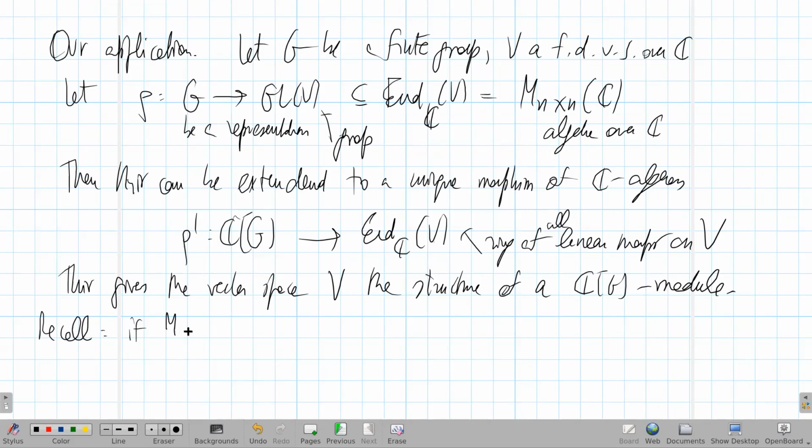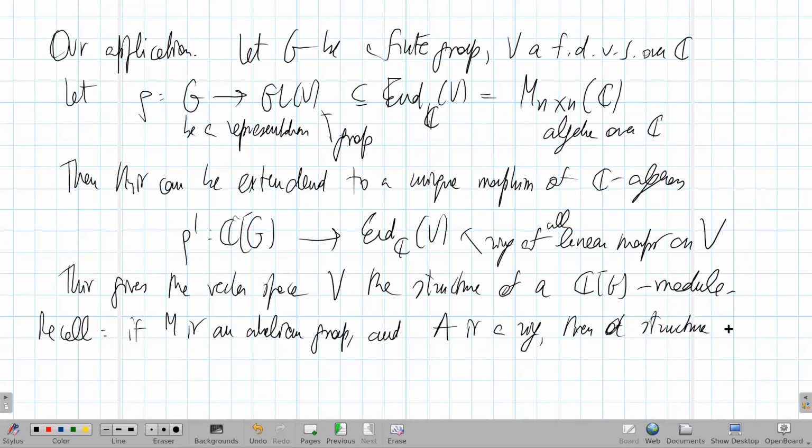If M is an abelian group and A is a ring, then a structure of an A module over M is equivalent to being given by a ring morphism.